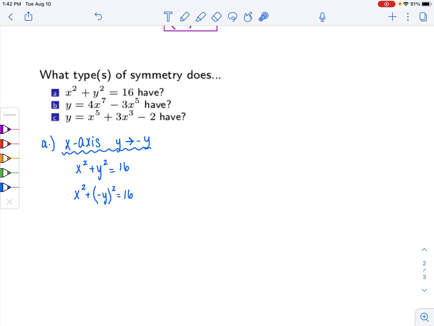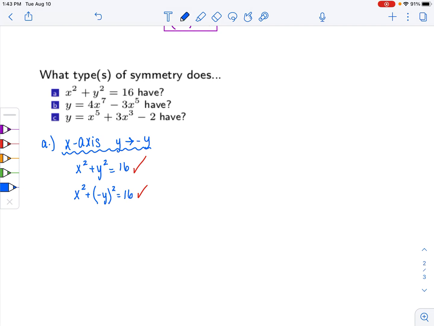I'm asking myself, are these still equal? Well, yeah. If you square a negative, it's going to be positive. So these are equal, so I know I'm x-axis symmetry.